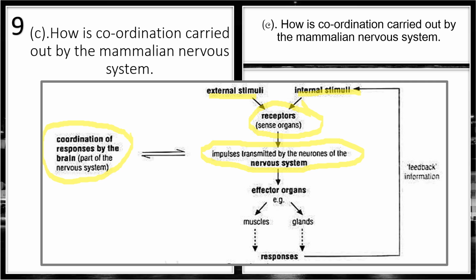The response is then taken to the effector organs, which are the muscles and the glands. These will effect a response. And when a response has been effected, we get negative feedback to prevent any further stimulation of the receptor sense organs.